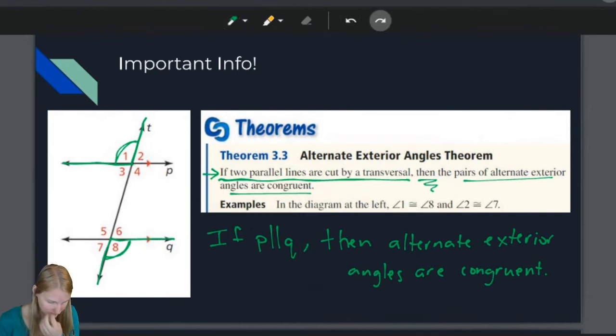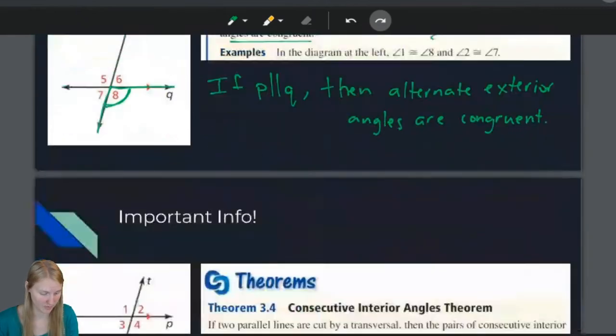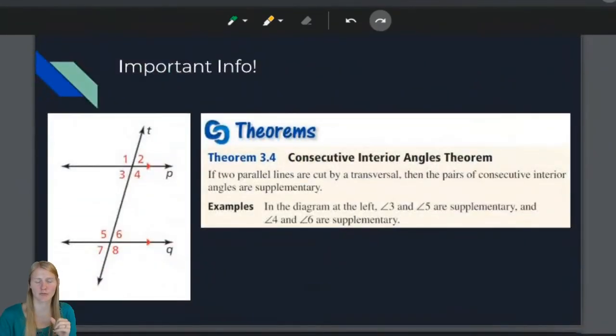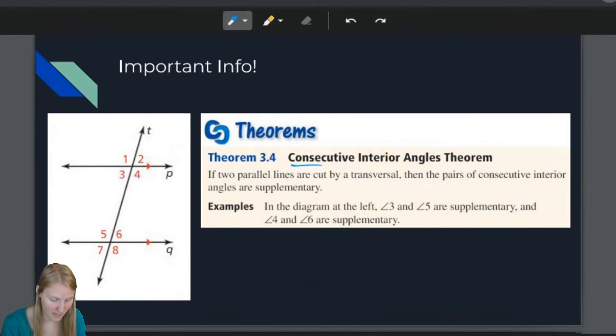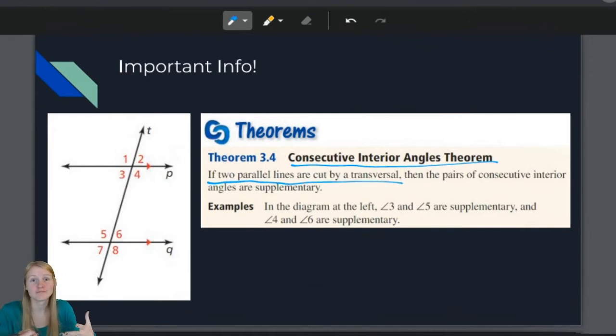Okay. Alright, next, moving on. Our last theorem for today, before we jump into our examples, is the consecutive interior angles theorem. And it starts, if two parallel lines are cut by a transversal, right? Same thing we've been doing.